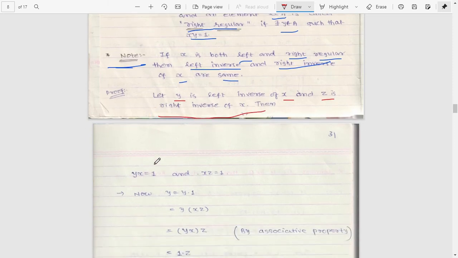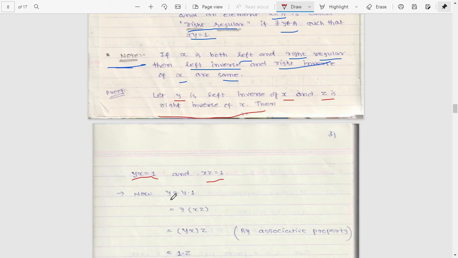Then y into x is equal to 1 and x into z is equal to 1.